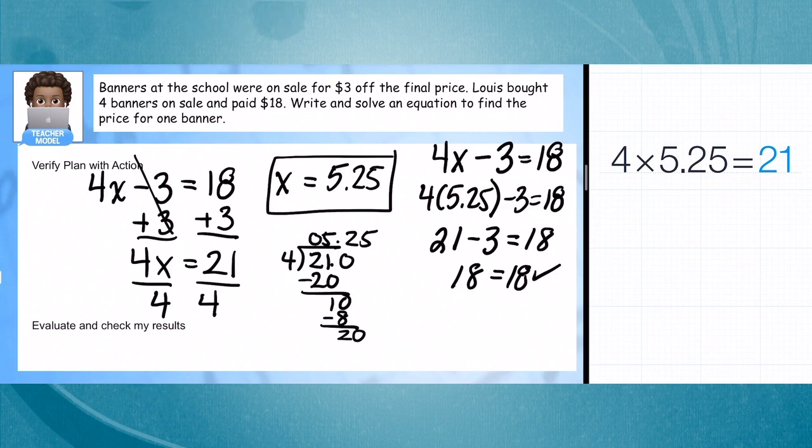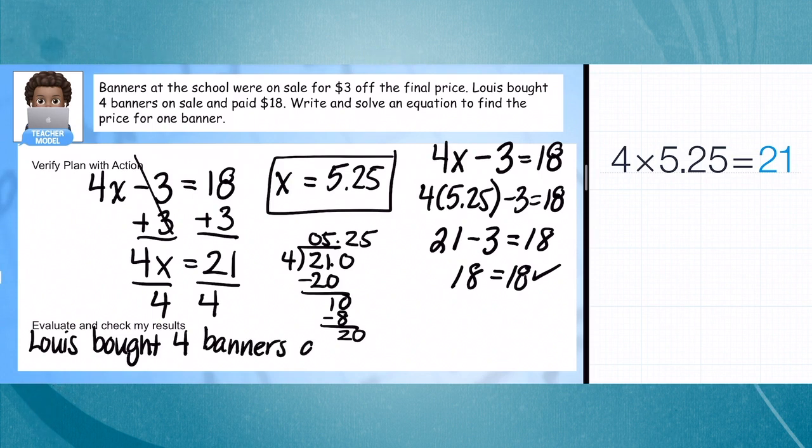How much? Write an equation to find the price for one banner and solve it. Lewis bought 4 banners at $5.25 each, after $3 off.